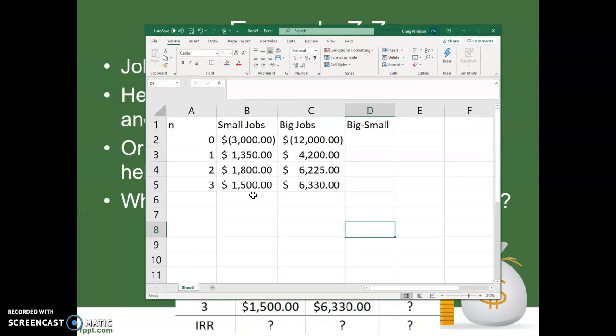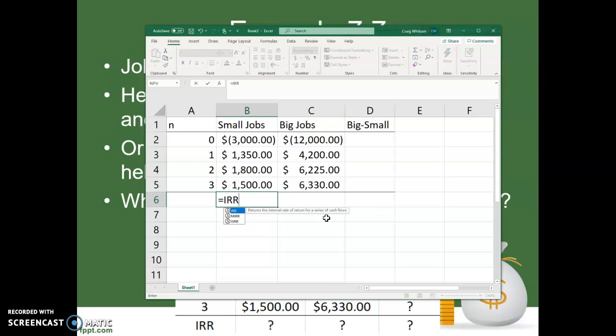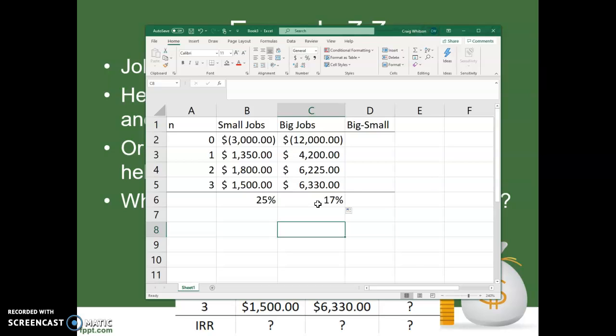Okay, so I made this spreadsheet here, and if we just use the internal rate of return to compare these two, we would calculate the internal rate of return of this series of values, this cash flow series. And we can see that for the small jobs, the internal rate of return is 25%. I can just copy that over here and see that for the big jobs, it's 17%.